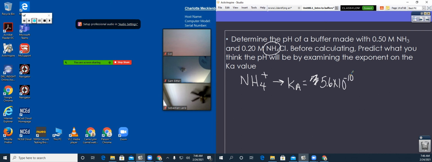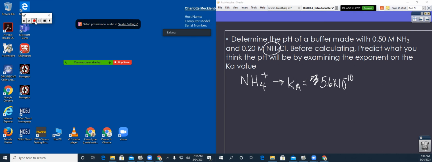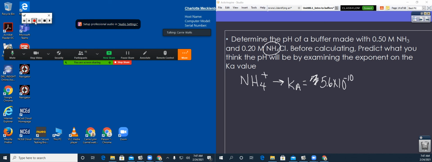Okay, so I want you to predict what you get. I want to see your predictions in chat. Okay, let's do this. Make sure you understand. So remember, we're taking the absolute value.